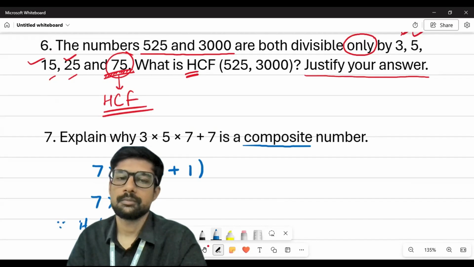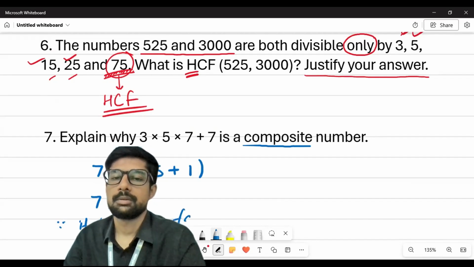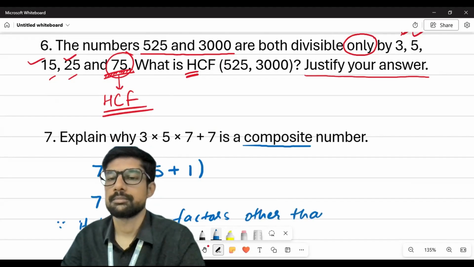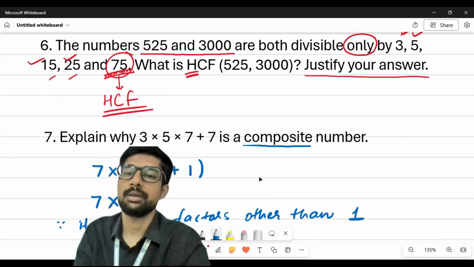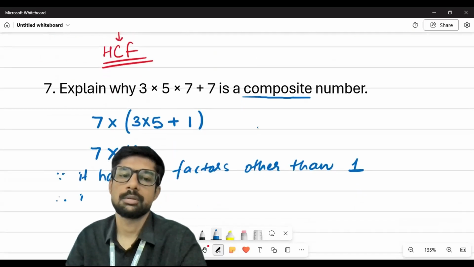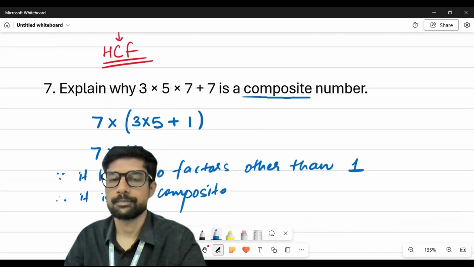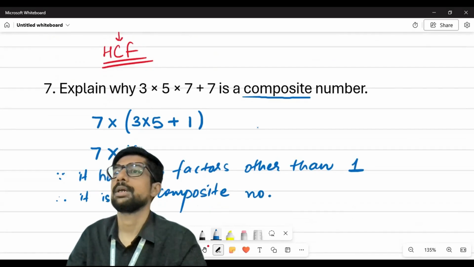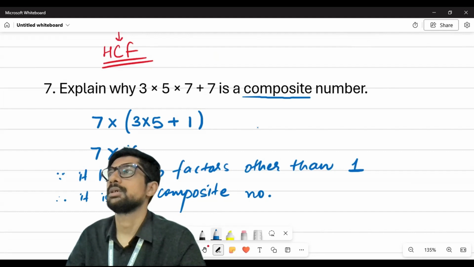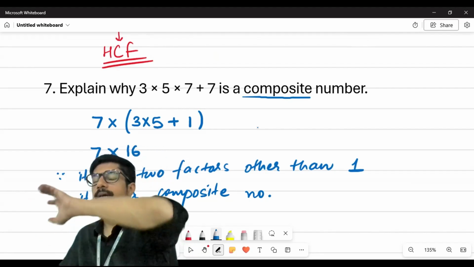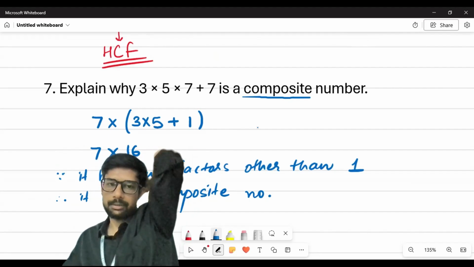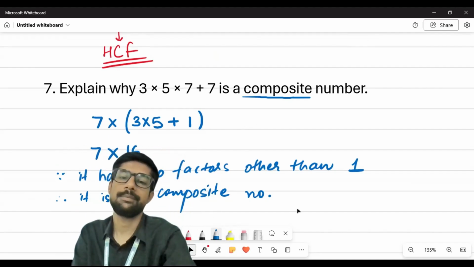Since it has 2 factors other than 1, therefore it is a composite number. So we are just having a review of that complete part, chapter content, along with these questions. Let's move to the next one then.